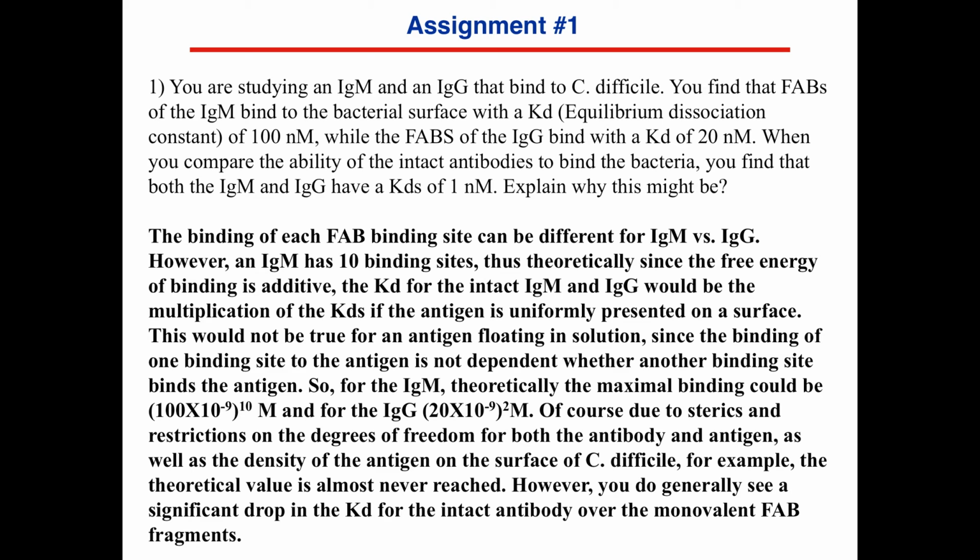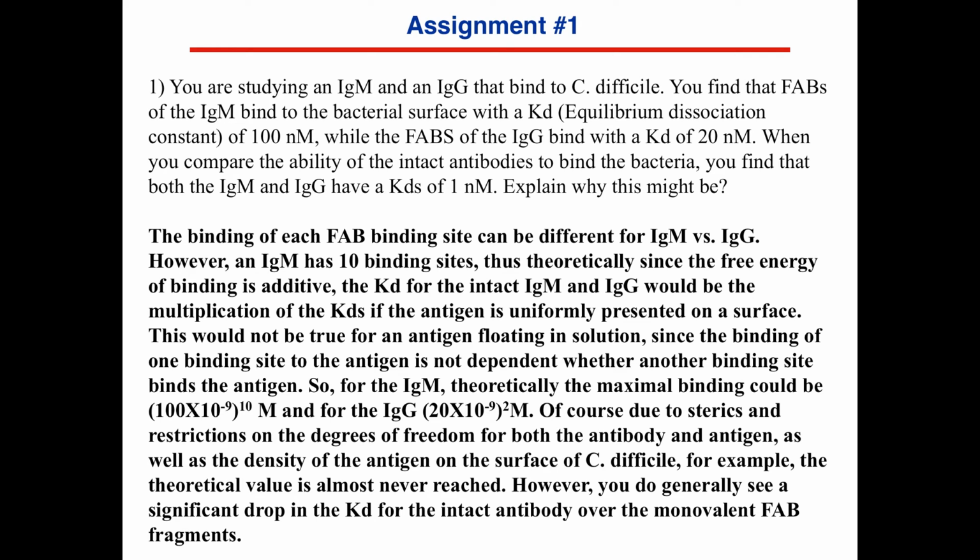The other thing is that in this particular problem, you're thinking about binding to the surface of a bacterial membrane, and so the antigen is going to be on the surface, in a certain density, and it's going to interact with the surface. It's not interacting with just free antigen floating around, and so that's one of the reasons you also get a higher affinity: once one arm binds, the effective molarities go way up, and you get an additive effect of each one of the dissociation constants binding to antigen on that surface.